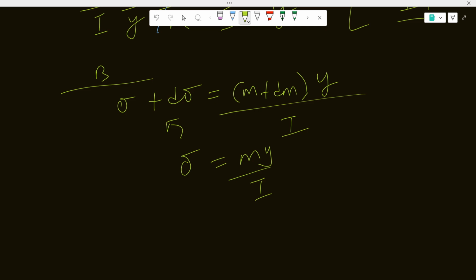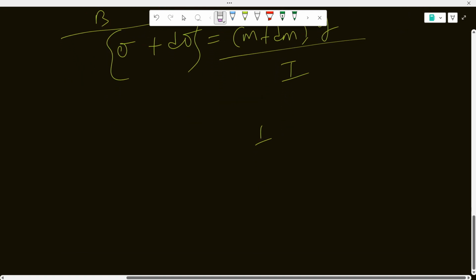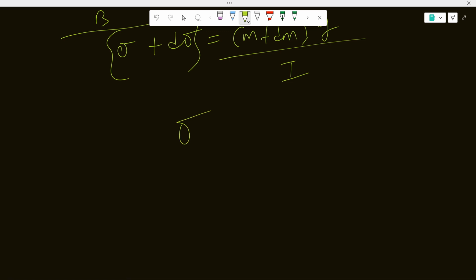In essence, I can just think of this term as a single sigma, but I will have it at the back of my mind, maybe as sigma 2, that this sigma has varied and is different from the sigma we had before, which is sigma 1. It will be equal to M plus dM, y over I.